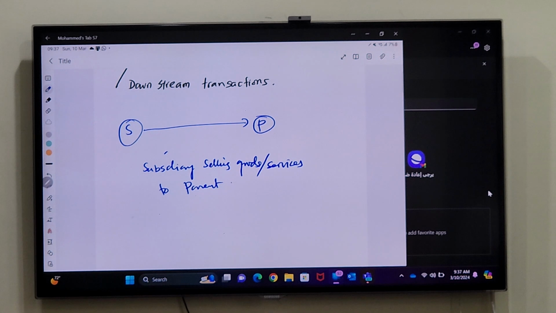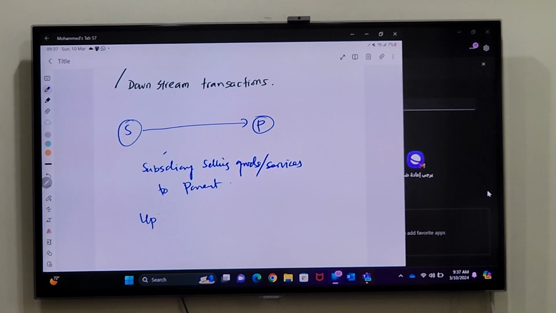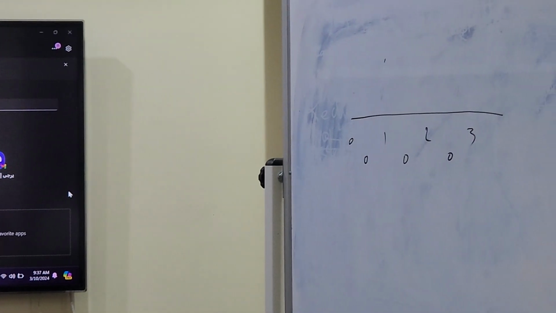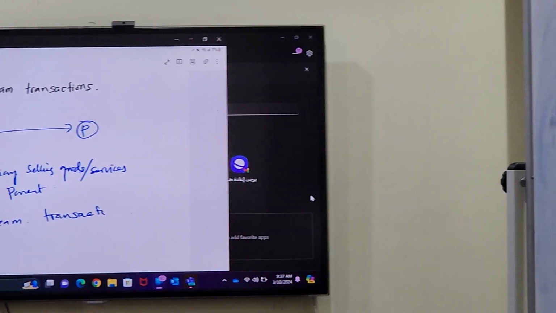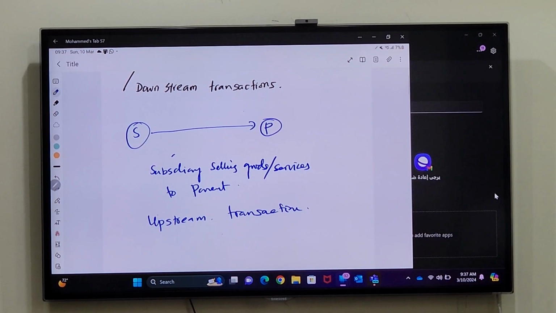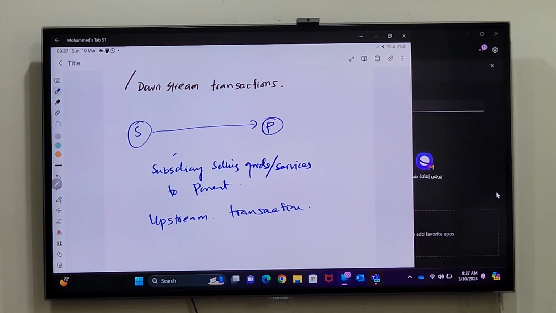What do you call it? Upstream, of course. Down, the opposite is up. Upstream transaction. Please remember this. There are two different types of transactions. If the parent is selling goods to the subsidiary, downstream. If the subsidiary is selling goods to the parent, upstream.